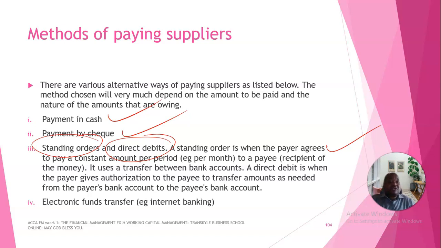But in other situations, you can then use what is called a direct debit. This one is when the payer gives authorization to the payee to transfer amounts as needed from the payer's bank to the payee's account.